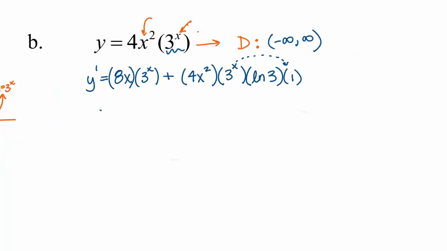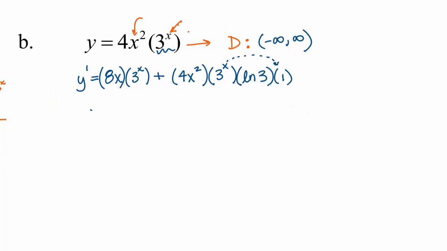All right, now it doesn't matter to me if you do a little bit of rewrite before you find your domain. We can't forget to compare it to this domain of all reals here. If you do your rewrite, just be careful that you're not eliminating variables or dividing by certain things because you are potentially changing that domain. So I'm just going to leave it and take a look at it. This part looks very similar to my original function in terms of what I can do with x.